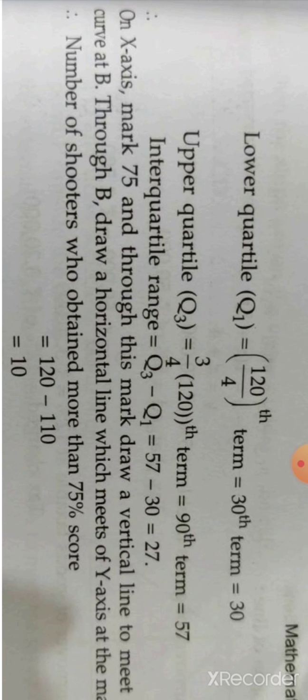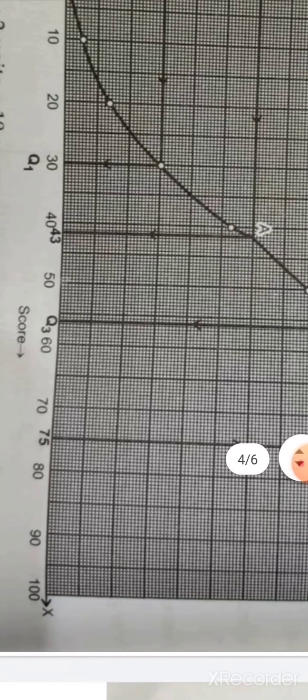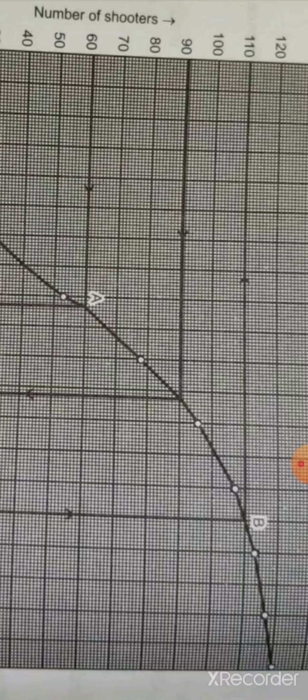Now the last question is to find the number of shooters who obtained more than 75% score. The score is on the x-axis. So we have to mark 75 first, and from 75 the vertical line is drawn, which meets our ogive at point B, and then from that point we draw the horizontal line, which meets at 110.